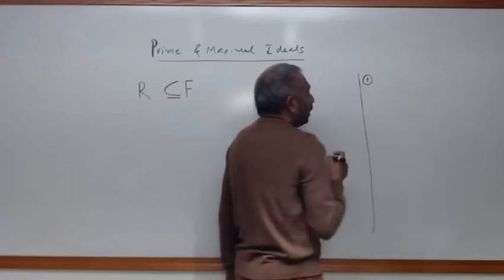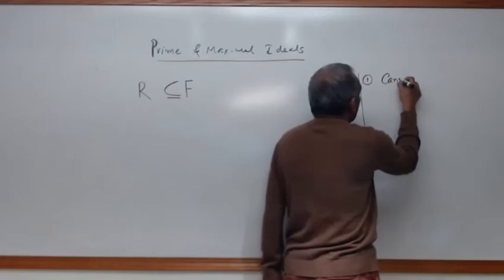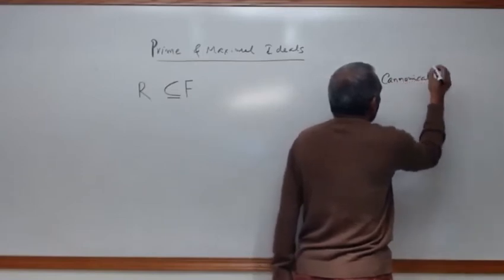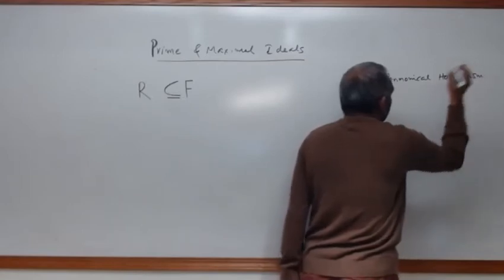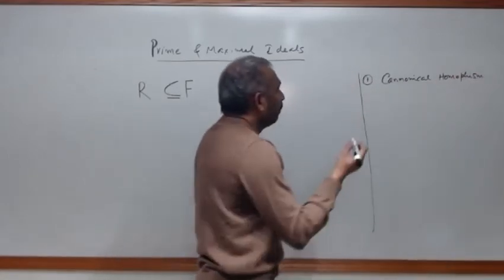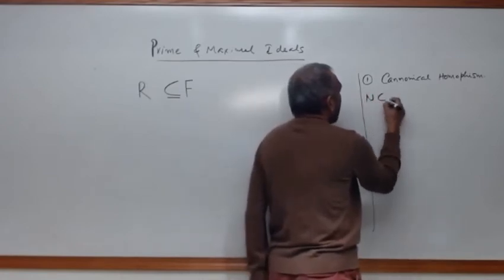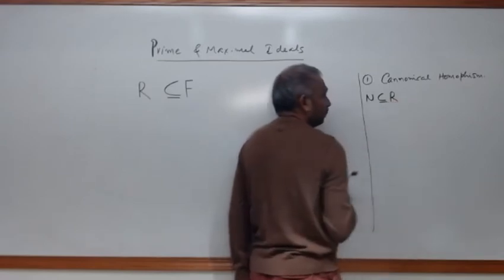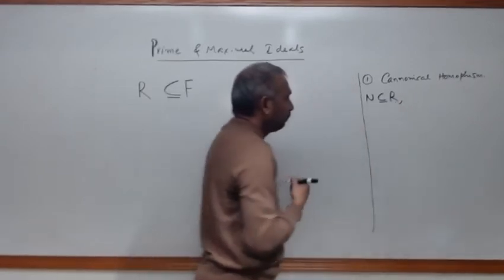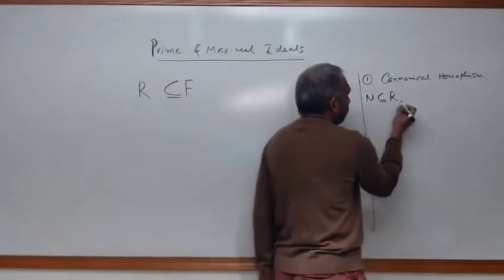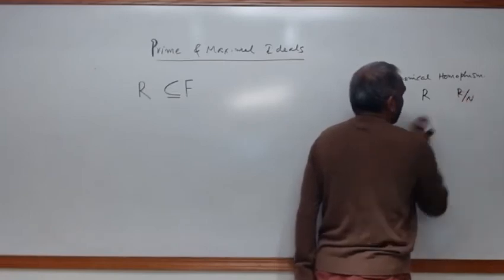One is the canonical homomorphism. What is this? We already explained this one. So if N is an ideal of R, then there are two rings here: R and R by N, the factor ring.